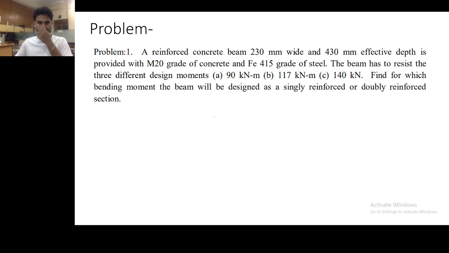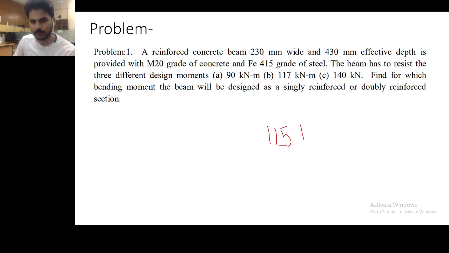Okay, anyone with the answer, or shall I provide the hint? Okay, consider the hint as, let's say, whatever parameters they have given, our limiting moment is coming as 115.